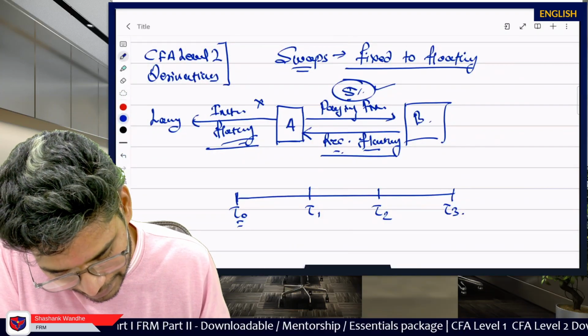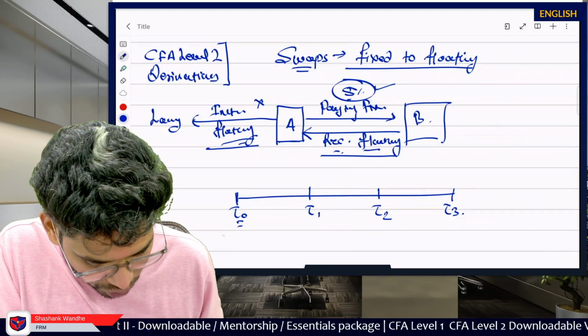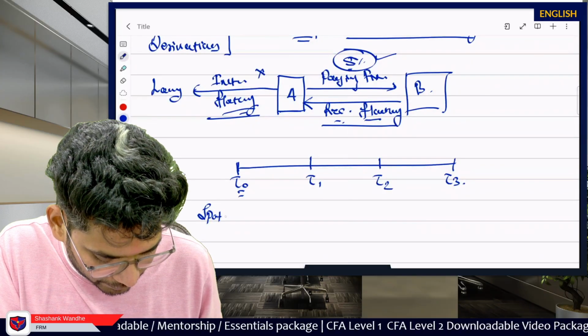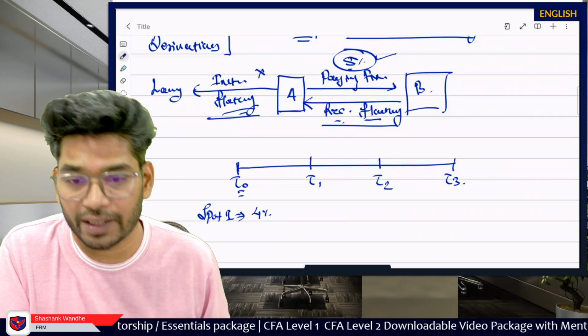So on this particular date, let's say you have the term structure and the spot rate for 1 year is say 4%.